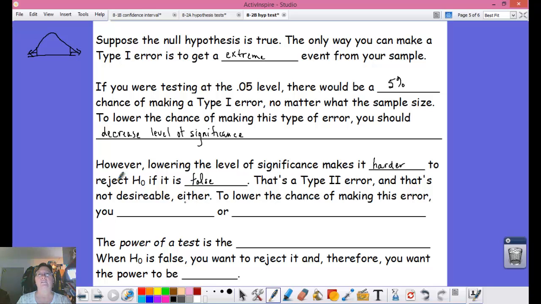So to lower the chance of making this kind of error, you either increase sample size, and you'll recall that increasing sample size lowers standard deviation and it makes it harder to get out to the extreme values, or you increase the level of significance.